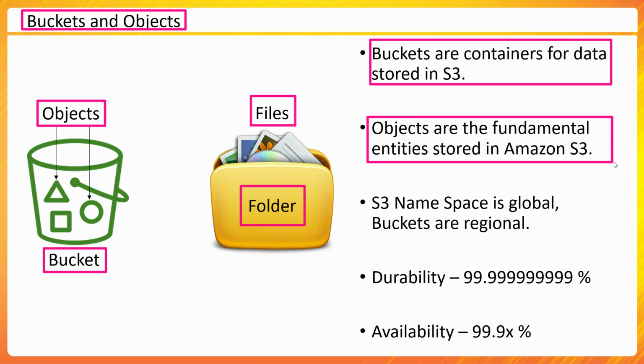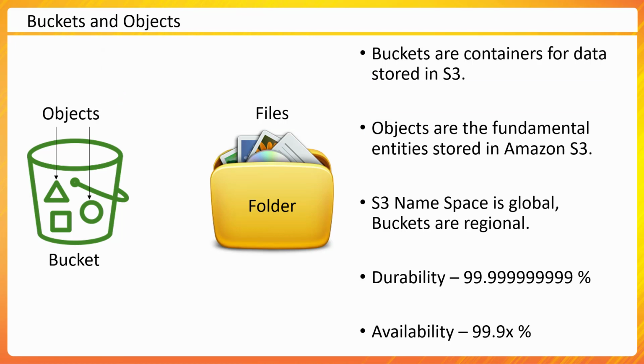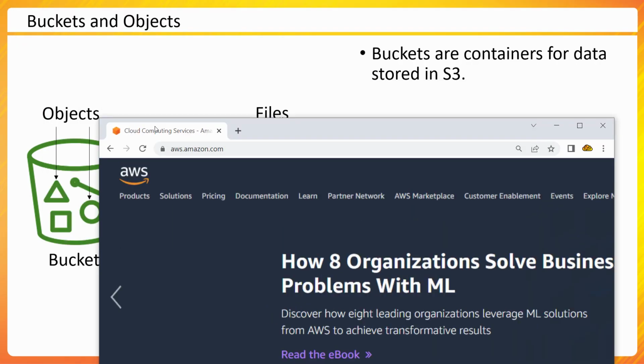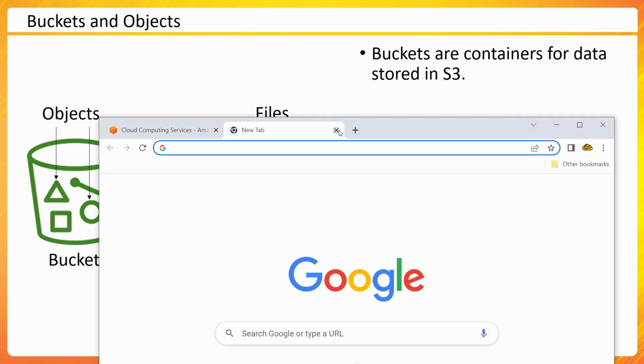So to get started, you would first need to create a bucket, and once the bucket is ready, you could start hosting objects inside it, and we will do the same in the AWS console in a minute. So a bucket is like a folder and an object is like a file in a traditional compute workload. Let's get started in the console and create a bucket, and we will store some objects inside it.